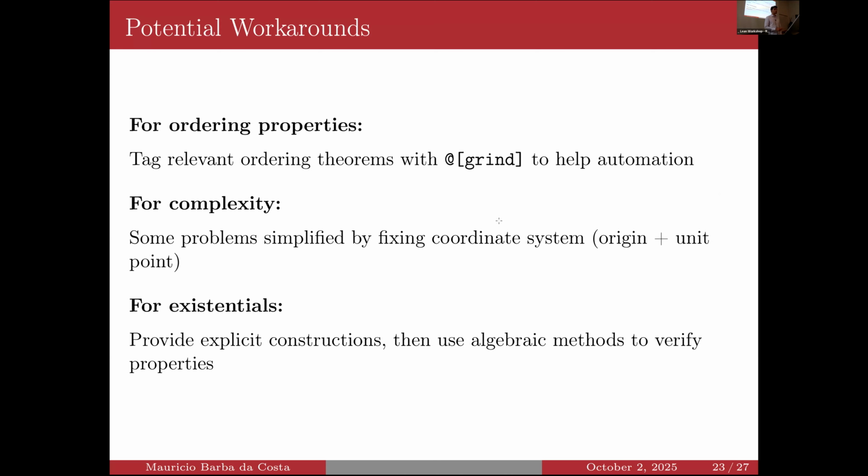For complexity, you can reduce the number of variables by fixing a coordinate system, and fairly often you can do this without loss of generality. And for existential quantifiers, I've played around a little bit myself. I come up with a witness for a theorem, and then algebraic Euclid will prove that the witness is correct. This seems to work fine, if maybe a little bit annoying to come up with the witness.